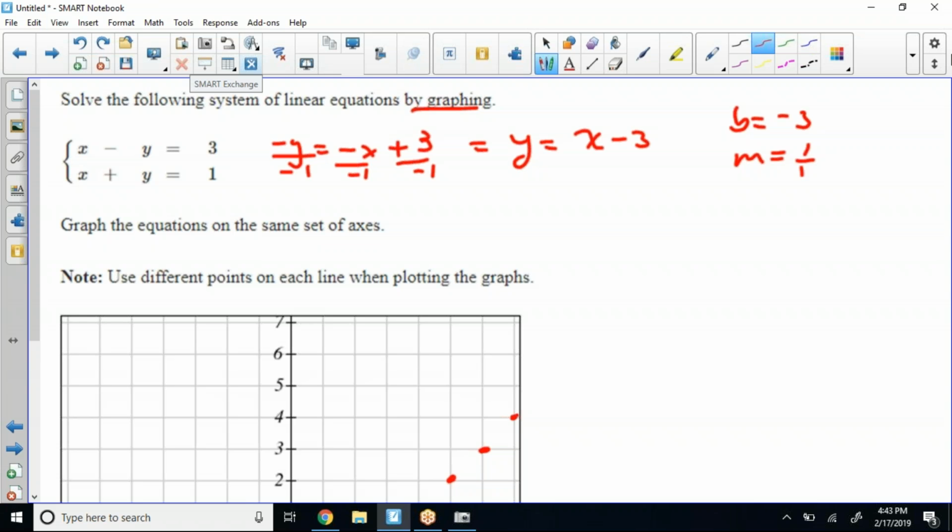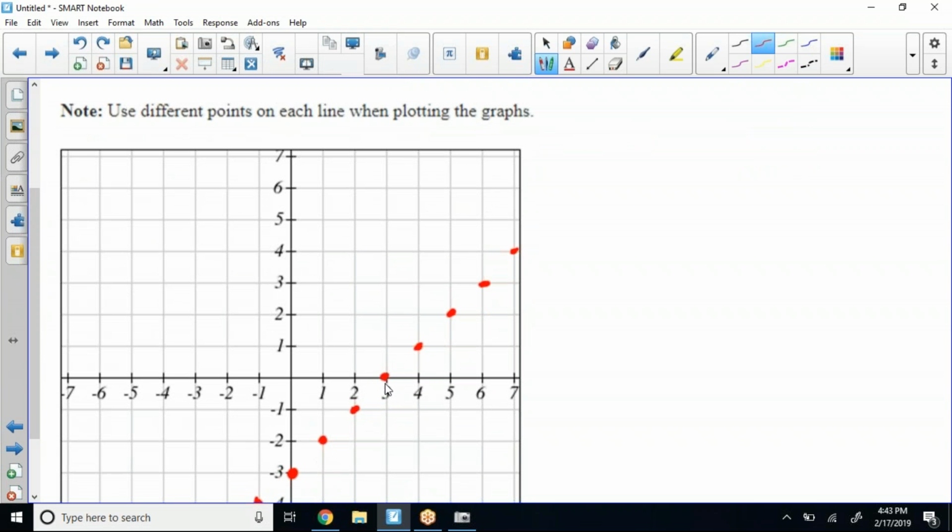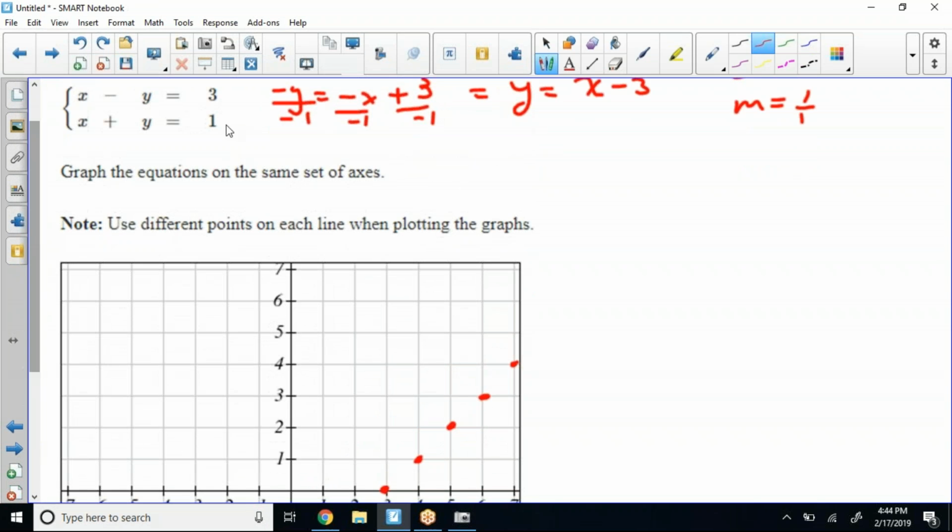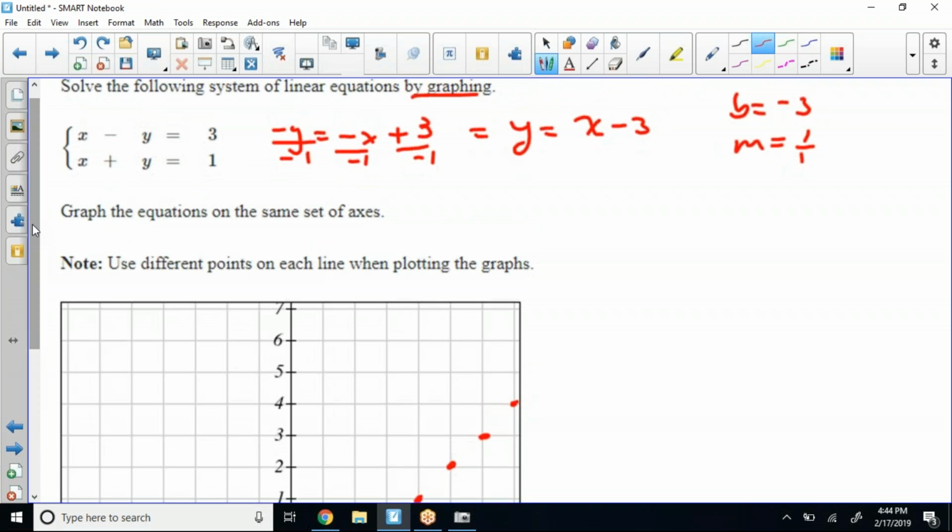You remember how we did that back in the beginning of the semester, where you covered up the y when you wanted the x intercept, so the x intercept would be 3, right? And if you look at this, there's 3, right? And that's okay. It's probably easier to do the graphing by slope intercept form, because then you can get more dots as opposed to just 2 points, because you actually have the slope.